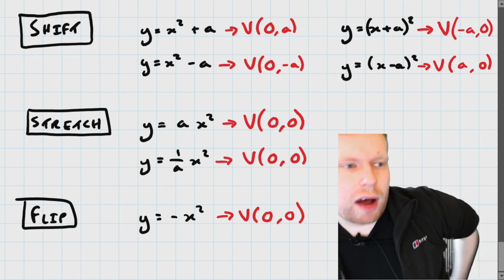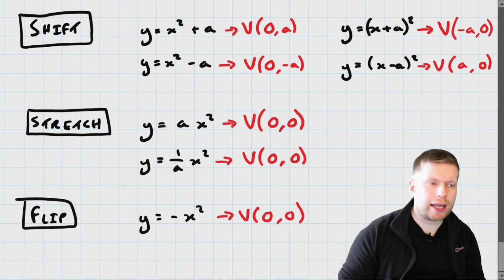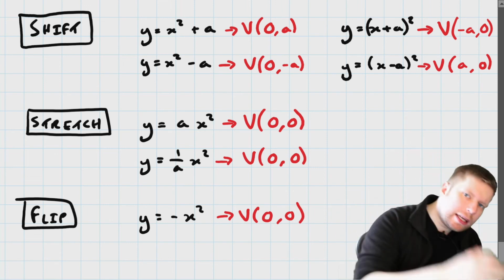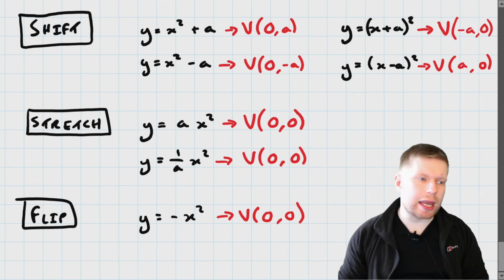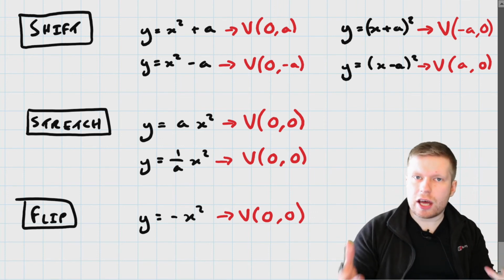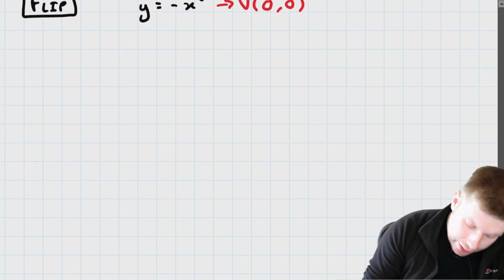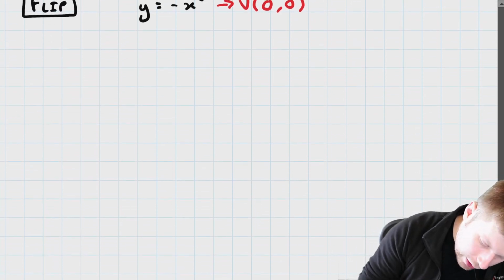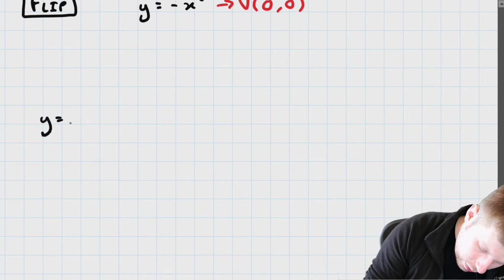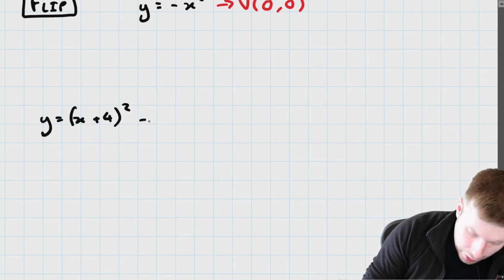Now, at the moment, I've looked at each of these transformations kind of on their own, okay? So I've looked at adding 4 or taking away 4 or multiplying by 3. But let's see what happens if I take a graph with multiple transformations applied. That is totally fine, right? So if I take a graph like y equals x plus 4 all squared minus 3.